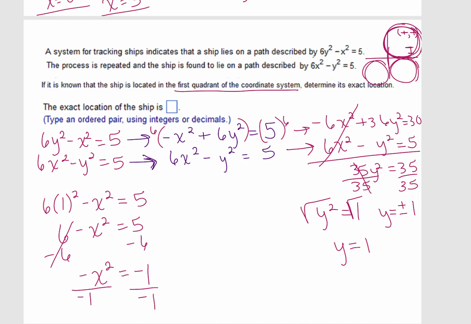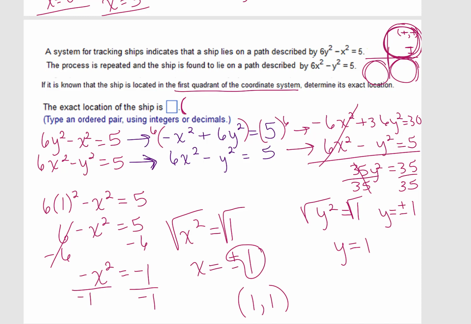Divide by negative 1 to get a positive x squared, and I get x equals positive or negative 1. But again, if I utilize that negative 1, it's going to put me on the left side of the y-axis, and it wouldn't be in quadrant 1 anymore. So I'm only going to utilize the positive. So I have positive 1, and that is the exact location of my ship.